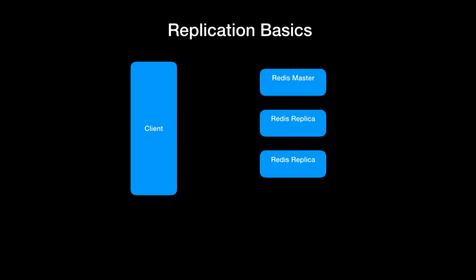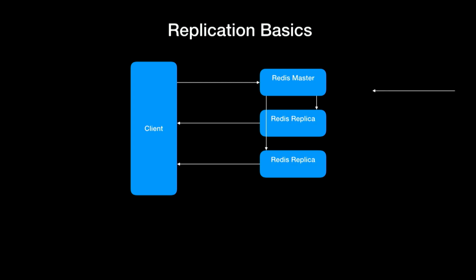So, replication basics. Redis has a Redis Master and Replicas. As a client, you generally write some data to the Redis Master, and then that data asynchronously replicates to the replicas. You can have more than one replica.